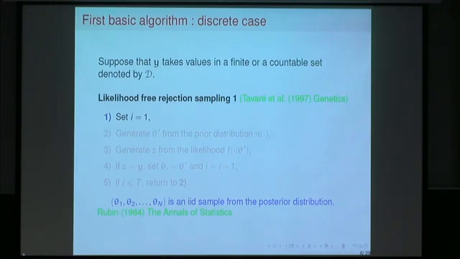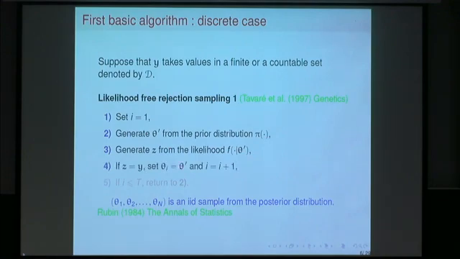The first version of the algorithm was from Tavare in '97, so it's not that recent, and it's very basic. For each iteration you sample a theta from the prior, then you sample new data using this new value theta prime, from f theta prime.